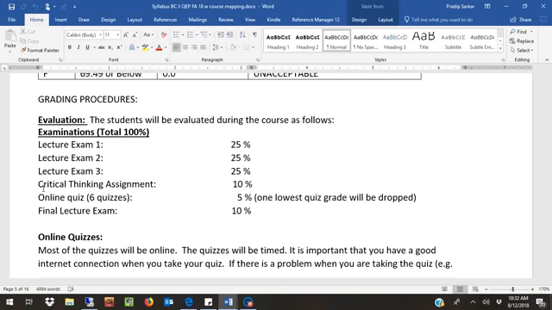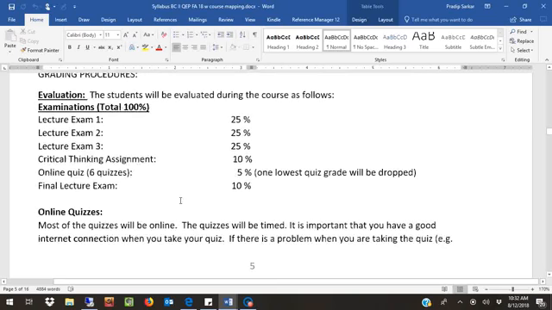I will give you the information that you need to know, and then you work as a group of 4 or 5 and answer those questions within the class period, and we can discuss that again later in detail. That is 10% of the total 100% of the grade here.